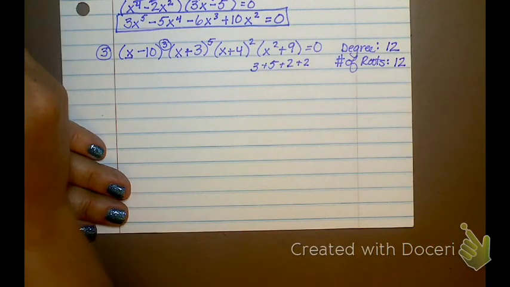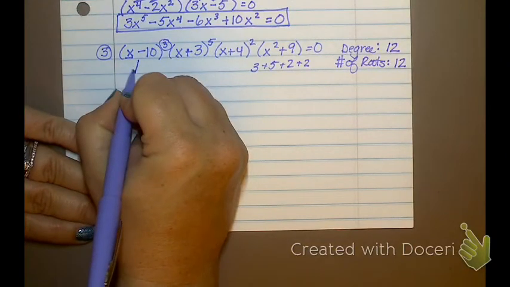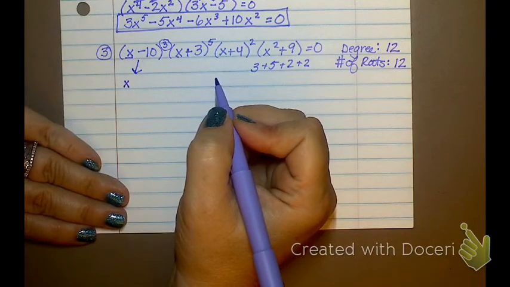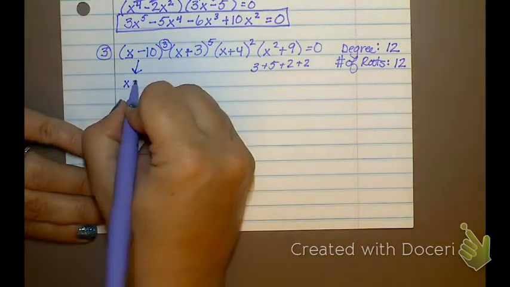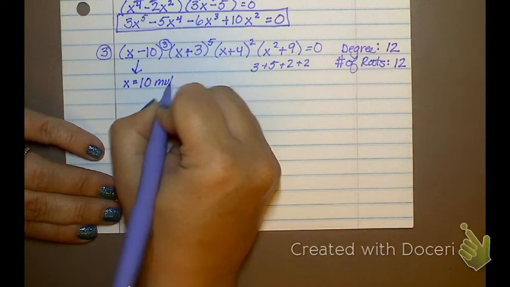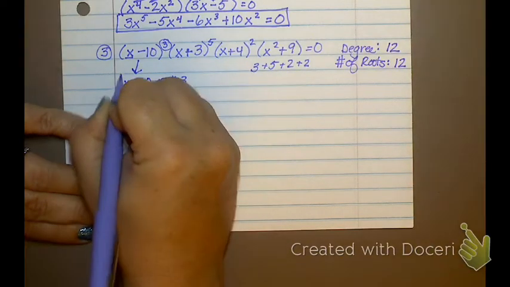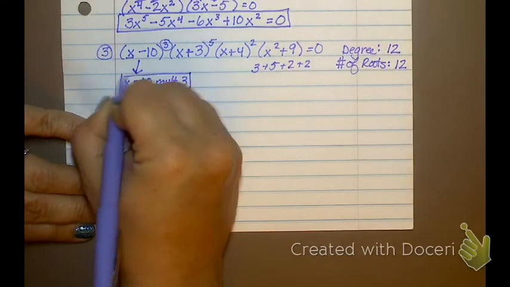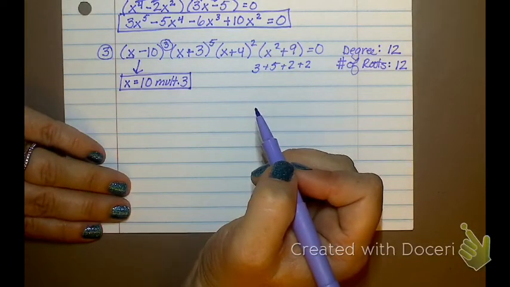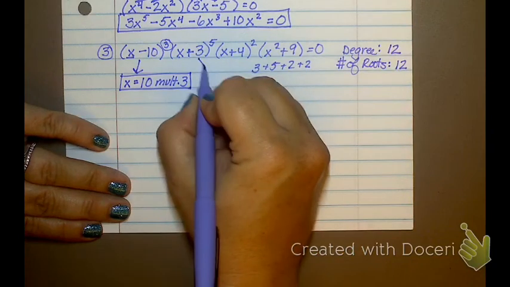So what answer do I get from here? Please tell me I don't need to show the work for that. Right? X equals positive 10 with a multiplicity of 3. Right? Because technically there's 3 parentheses that all look like that. What am I going to get from here?